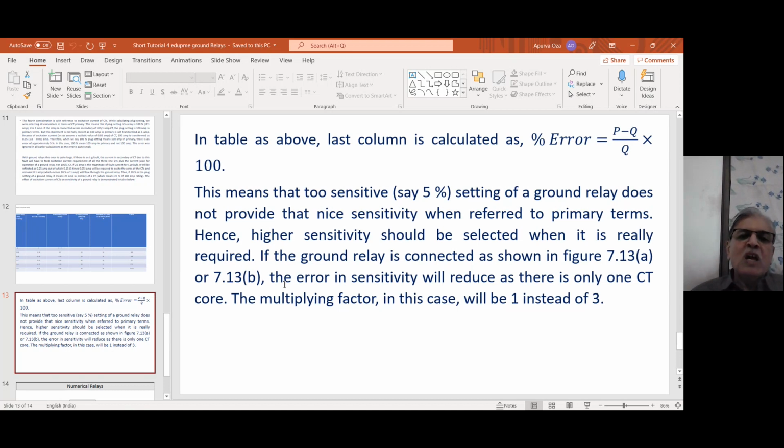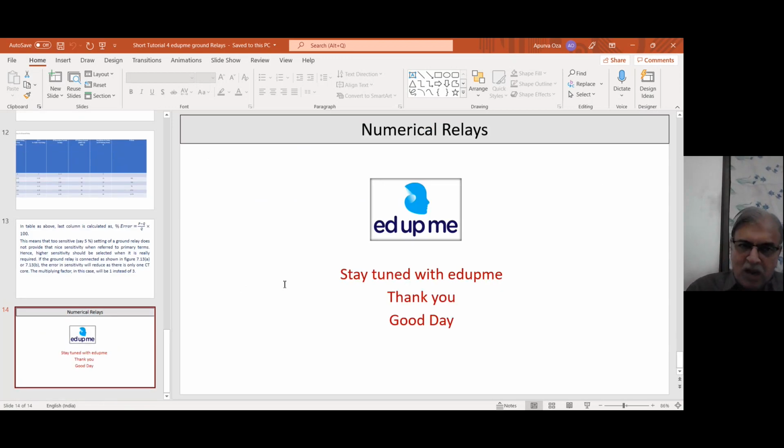But as I told you, CBCT can only be used for 6.6 and 11 kV, and the neutral connection can be used only if the neutral is really available in your substation, in your system. Then you can have that connection. So these many things you must keep in mind, my dear friends.